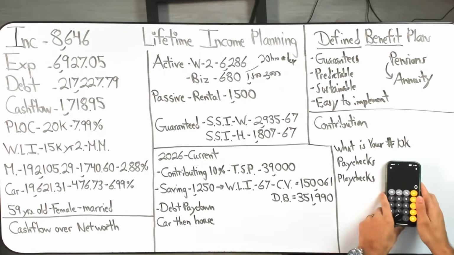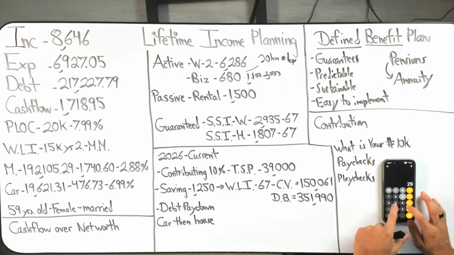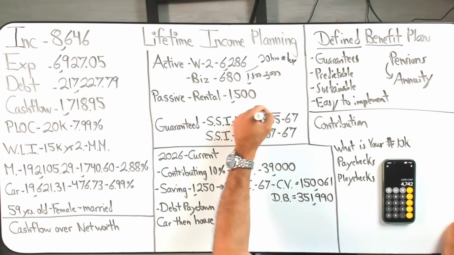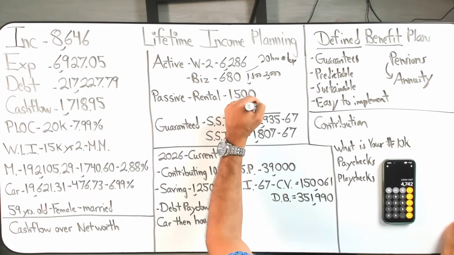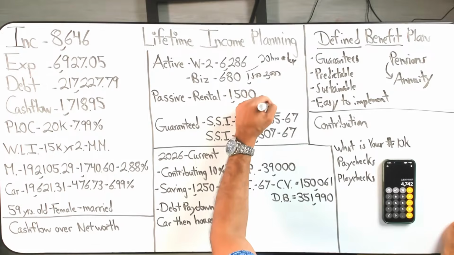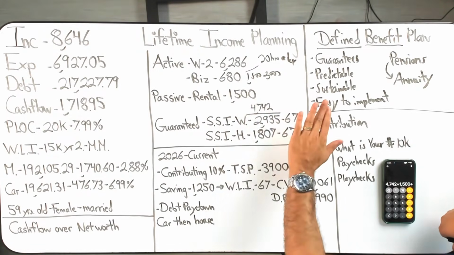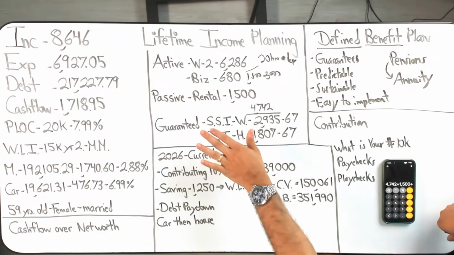So just looking at that window so far, 2,935 plus 1,807, that's guaranteed money so far. 4,742. Add the passive income, $1,500. Let's just assume that number stayed the same, which is highly unlikely.